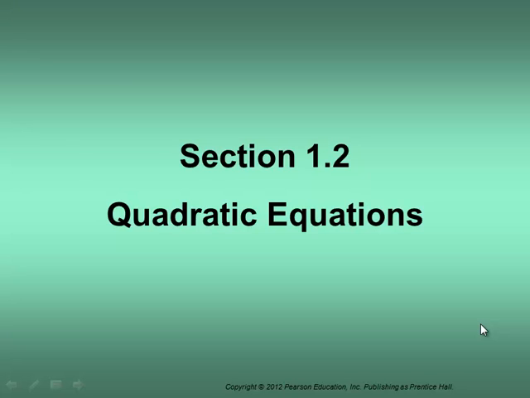Before we get started, I just wanted to reiterate that when we are looking to solve an equation, what we're trying to do is find possible value or values for the variable, typically x or t or whatever, such that that value or those values will make the equation a true statement.